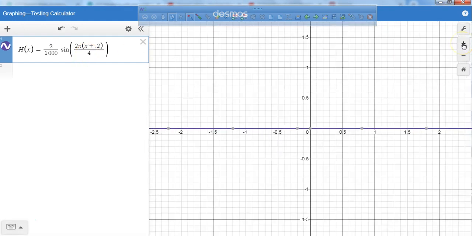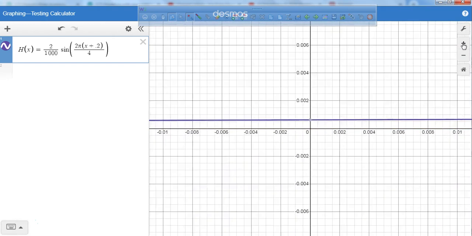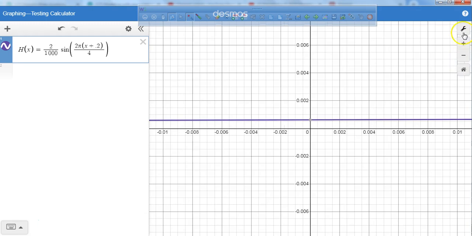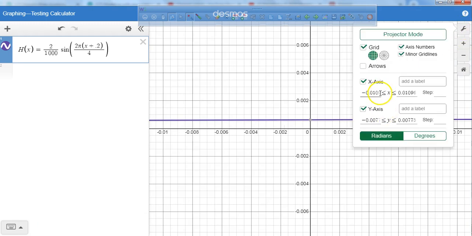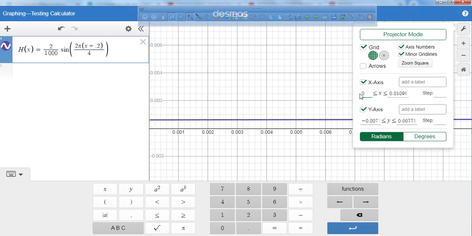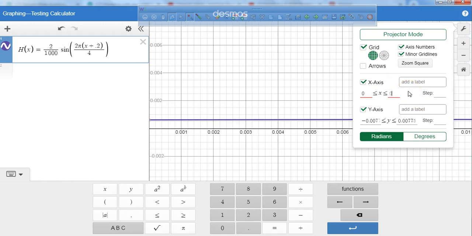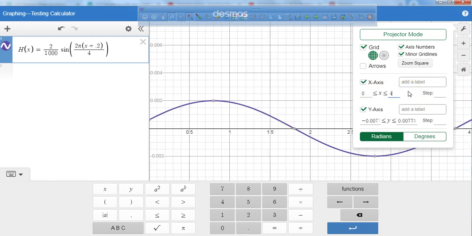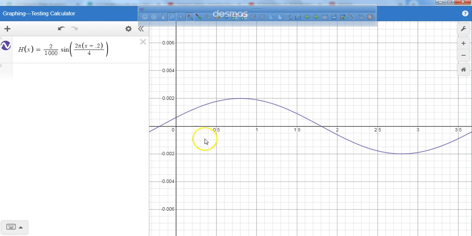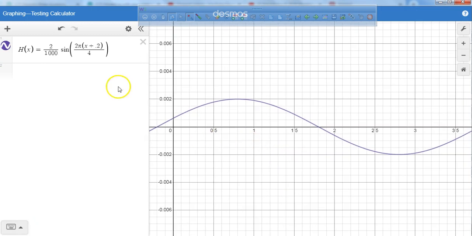Now we're going to have to zoom in quite a ways to be able to see anything. So we're going to go to the gear right here. Right now I'm going to go from 0 to 4, because I think that's our period. Hey, look at that, 0 to 4, that works really well. And you can kind of see we had a phase shift here.